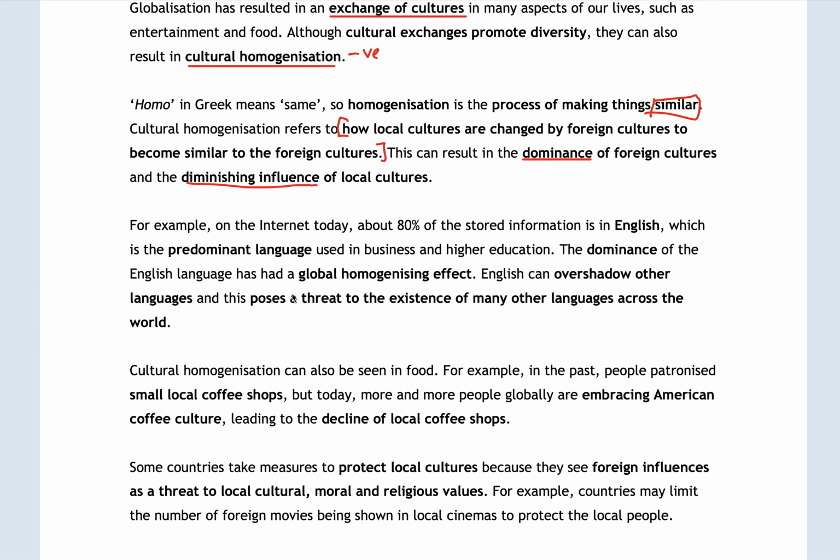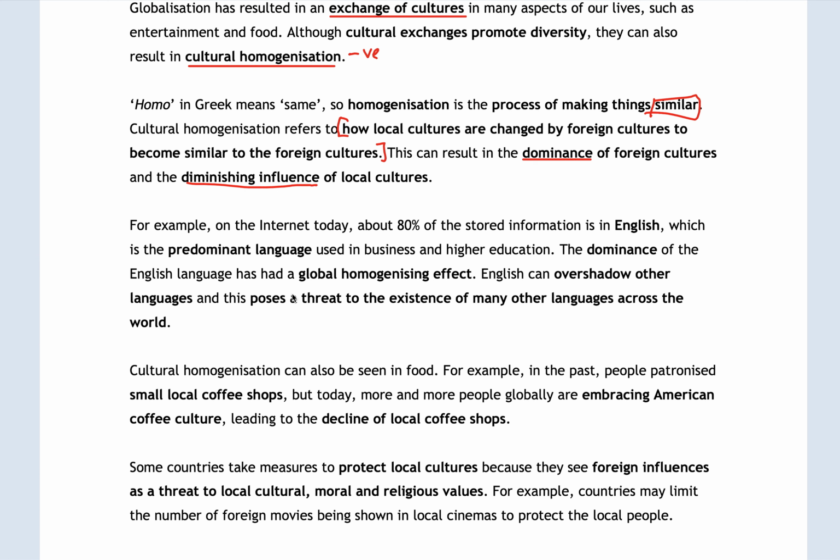For example, the use of the English language, the fact that I'm speaking to you right now in English, is an example of this homogenizing effect. The dominance of English over other languages shows us that there is a homogenizing effect here.